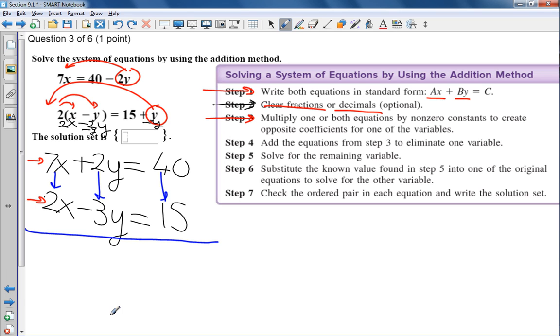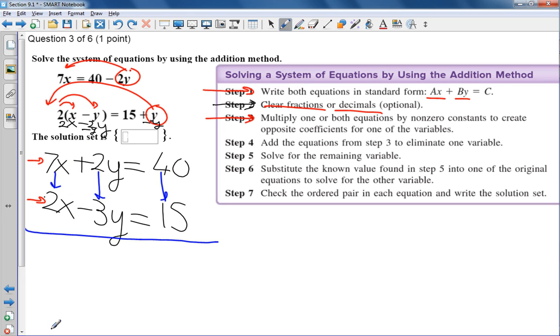However, the reason I'm doing this is so that these two things can match and cancel each other, like positive 3y and negative 3y could cancel, but unfortunately, they don't have opposite coefficients. This is just 2, this is minus 3. They don't eliminate each other. So how can we get this working?